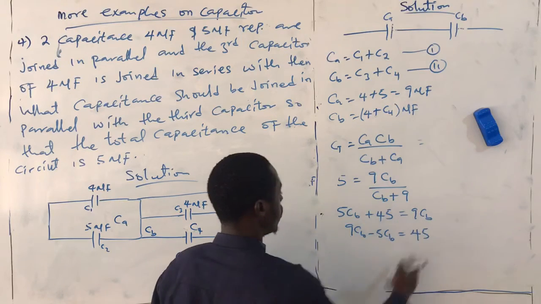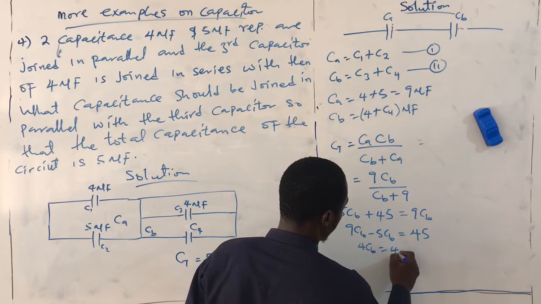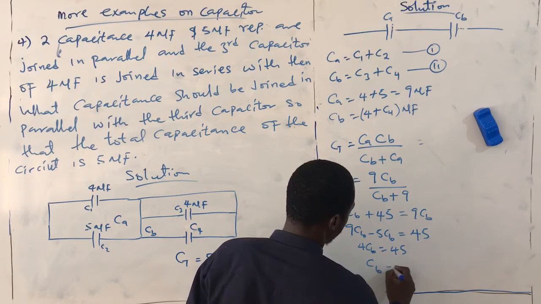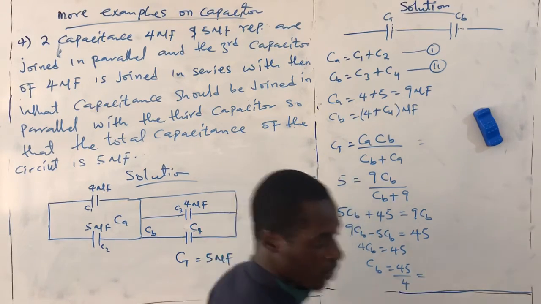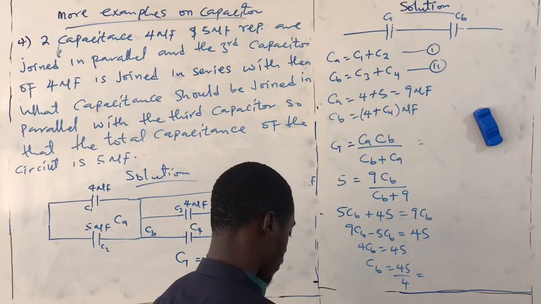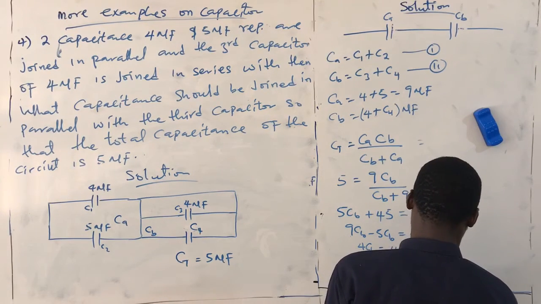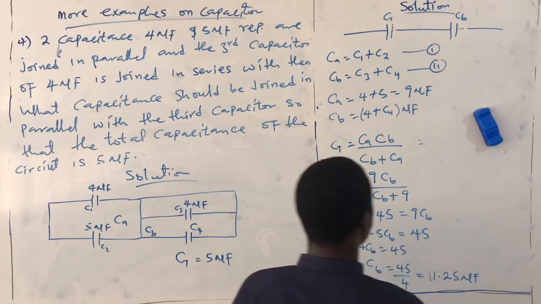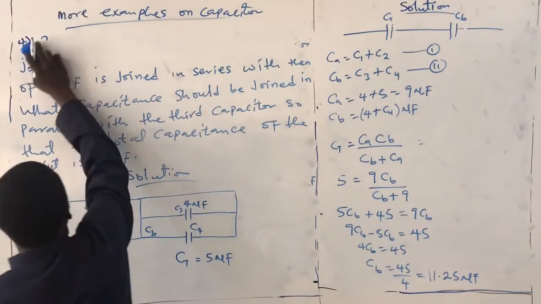So 4 CB is equal to 45, and CB is equal to 45 divided by 4, which is 11.25 microfarad.